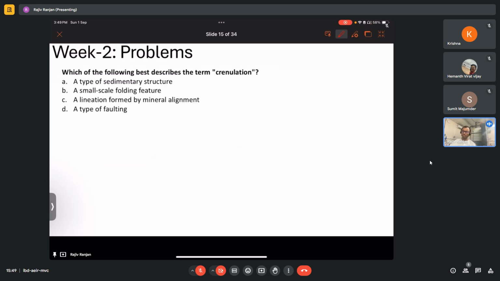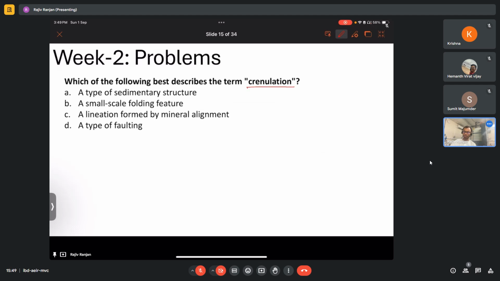Which of the following best describes the term crenulation? First of all, option A is a sedimentary structure. Crenulation is not a sedimentary structure.